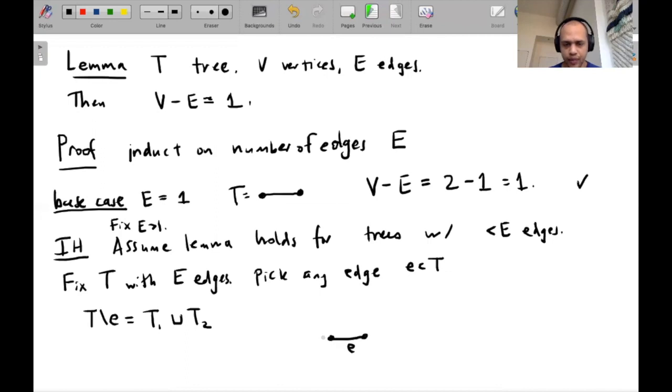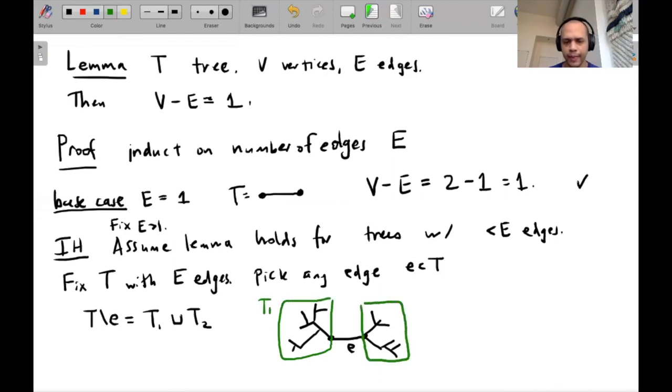The picture is something like this. Here's T, we have this edge E, and if we remove E, we get 2 new trees, T1 and T2.